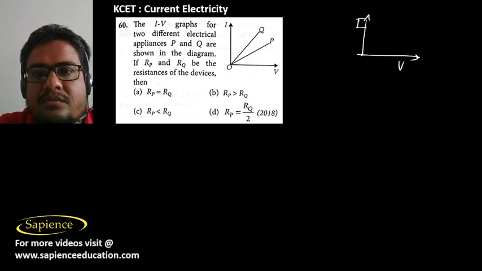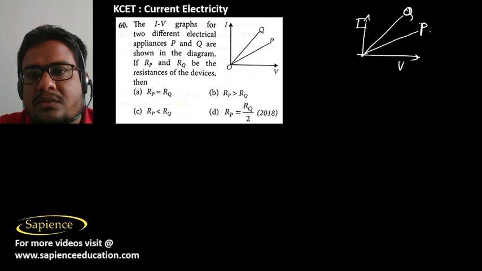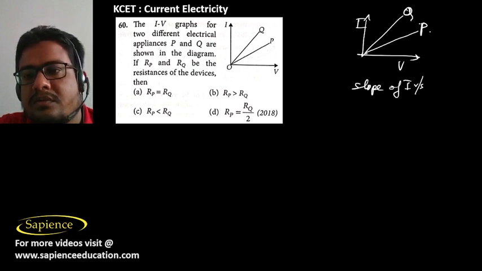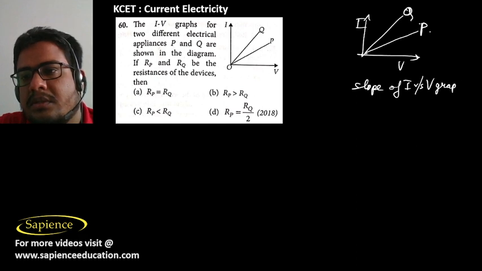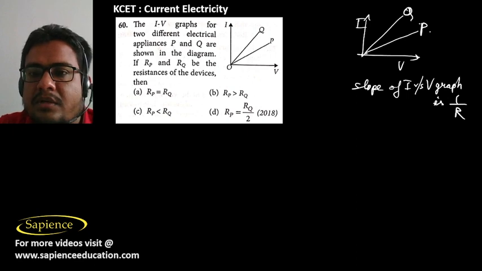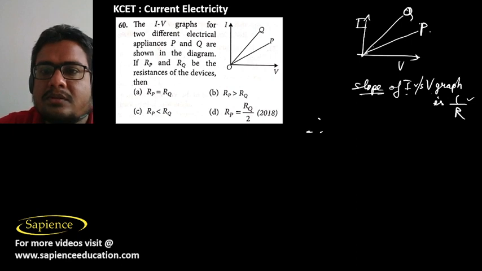So in this I versus V graph, this is for the electrical appliance Q, this is for the electrical appliance P. We know that the slope of the I versus V graph is 1 by R. It is not R. If the graph is V versus I, then the slope is R. But for the I versus V graph, the slope should be 1 by R. So here the slope is higher.